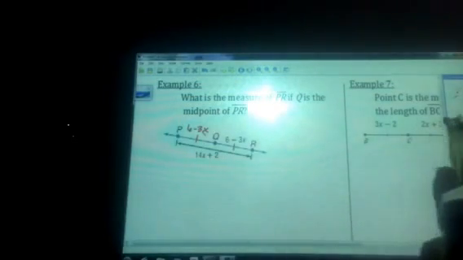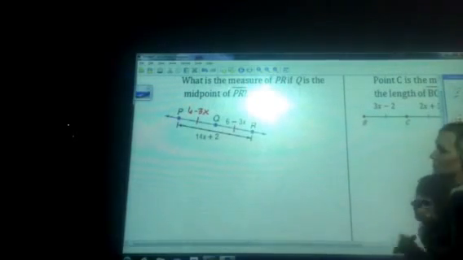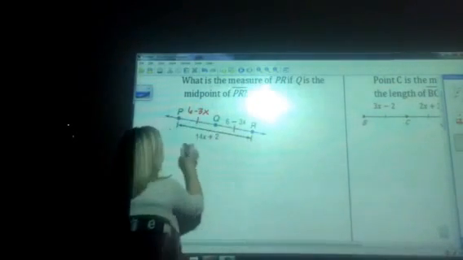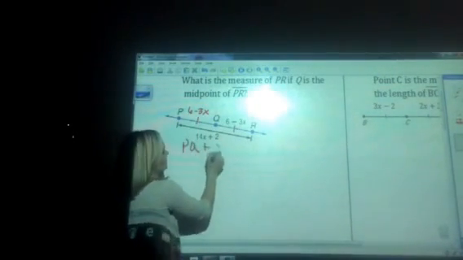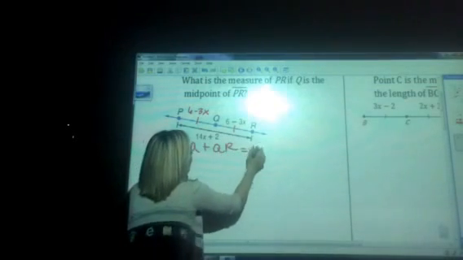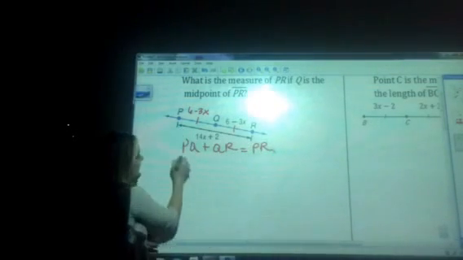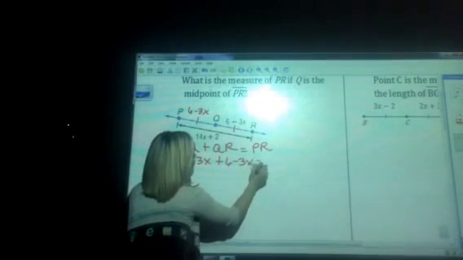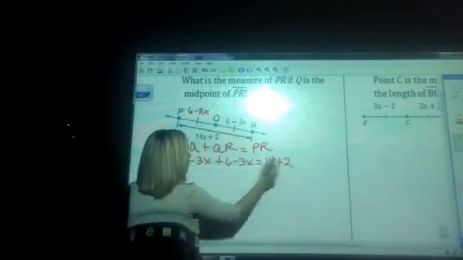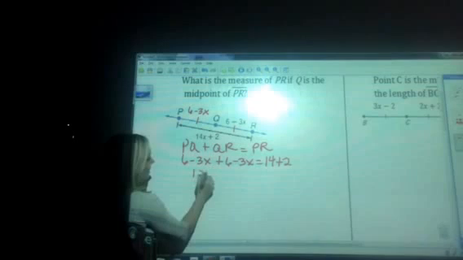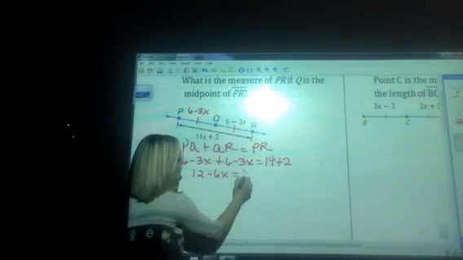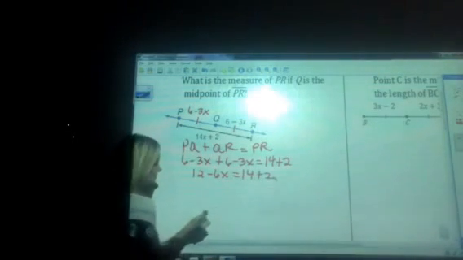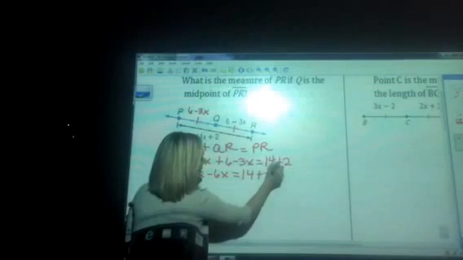So if I'm looking for the actual measure of PR, remember what we did last time. PQ plus QR equals PR. So if I plug in 6 minus 3x plus 6 minus 3x is equal to 14x plus 2. 6 plus 6 is 12 minus 6x equals 14x plus 2. I'm sorry, that's an x right here.